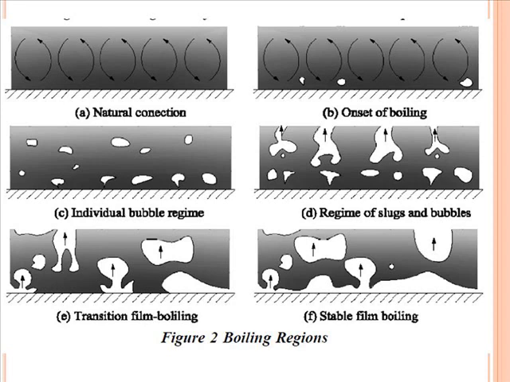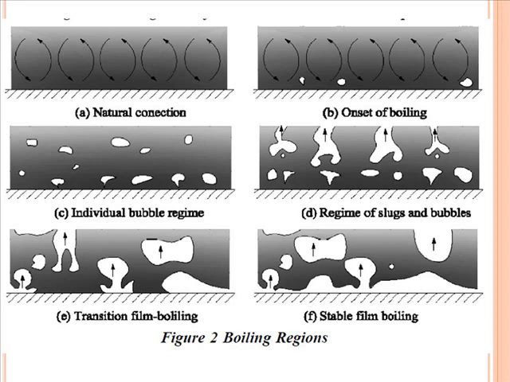Now we will talk about the second part, that is onset boiling, where you will find 2 or 3 small dots, that is bubbles that will form, and they will try to move to the liquid air interface on the top of the surface.